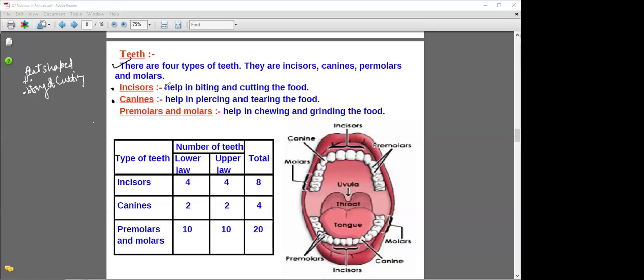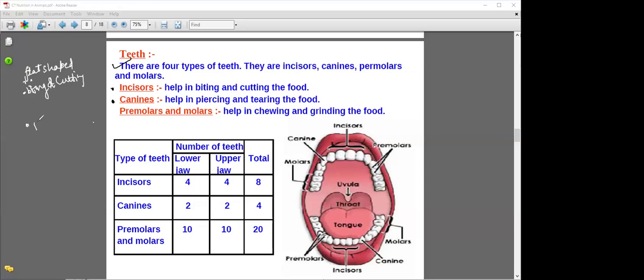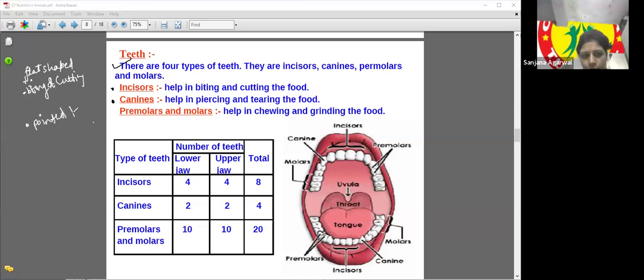Canines, first point: pointed, and in brackets you can put sharpest. Canines are the pointed teeth, and because of this they are the sharpest out of all.